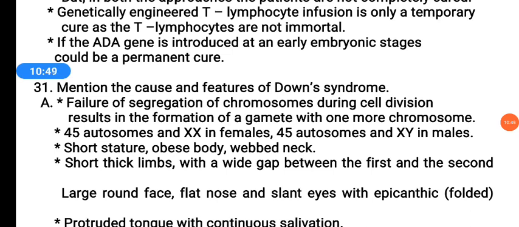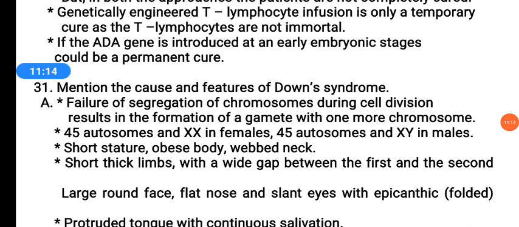The males also 45. Then the features or symptoms are short stature. Body height is very short. Obese body, dumpy body, webbed neck. Neck becomes very short. Short, thick limbs. That is, hands and legs are very short with a wide gap between the first and the second.